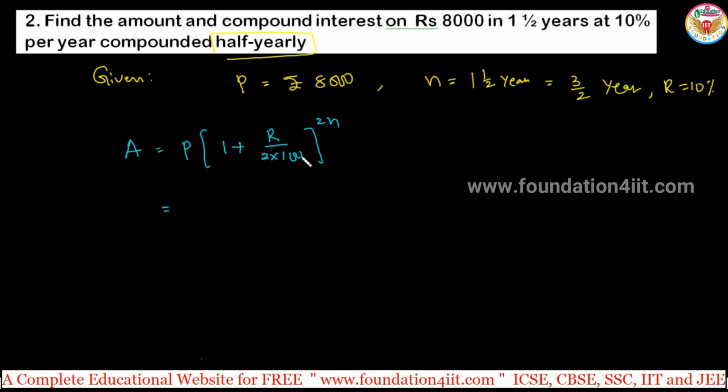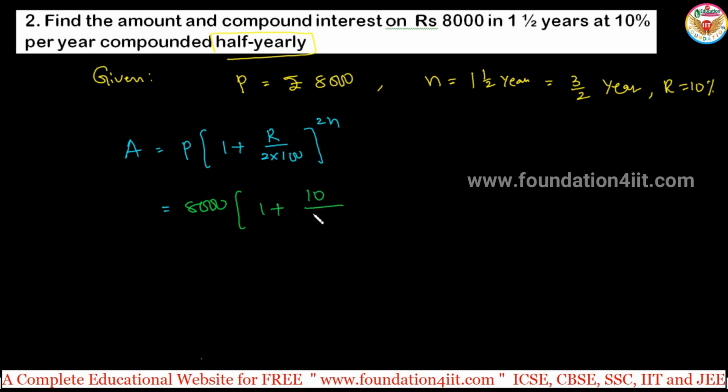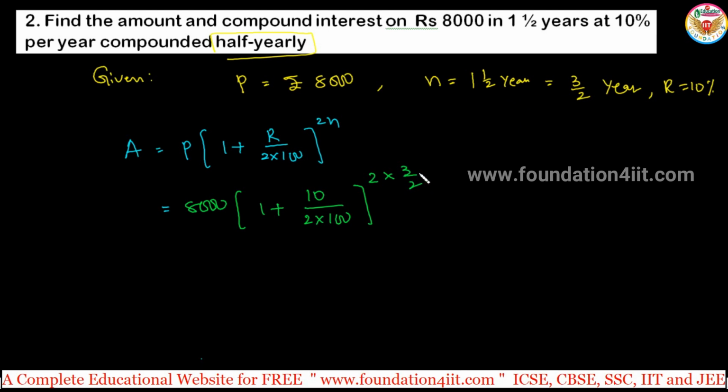R by 2 into 100, it is because of compounded half yearly. Now 8,000 times (1 plus 10 by 2 into 100) all to the power 2 into n. N is always the number of years only, 3 by 2. But when you calculate in the next step, the 2 cancels and 3 will come, because in 1.5 years there are 3 half years.